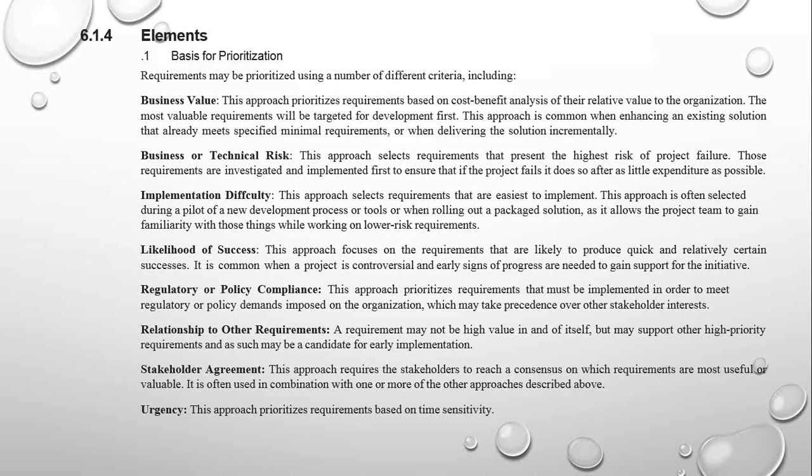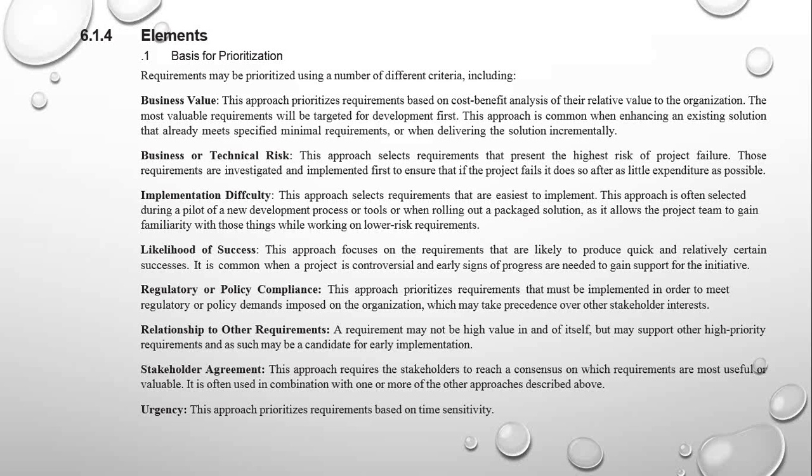Exactly the same. So here, let's understand. Let's read through what it says. In implementation difficulty, this approach selects requirements that are easiest to implement. This approach is often selected during a pilot of a new development process or tools, or when rolling out a package solution, as it allows the project team to gain familiarity with those things while working on lower risk requirements.